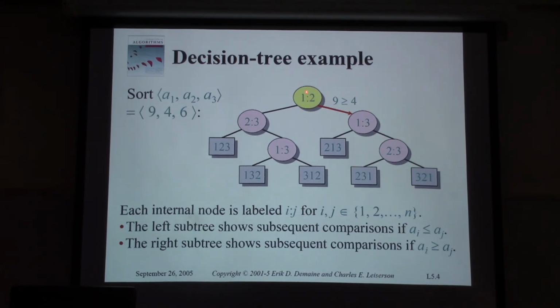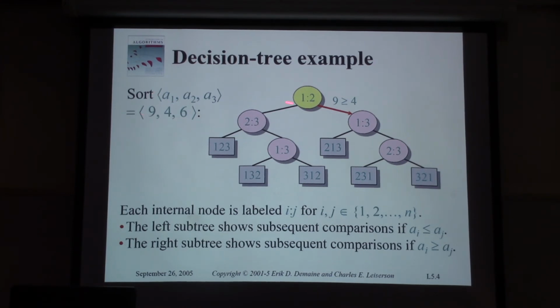Here, again, these relate to indexes, so 1 means A1, 2 means A2. Does that help? If we compare A1 and A2 and go in this direction, that means A1 is bigger than A2.